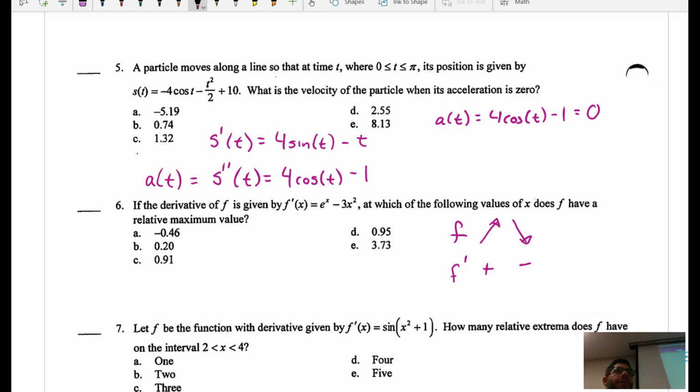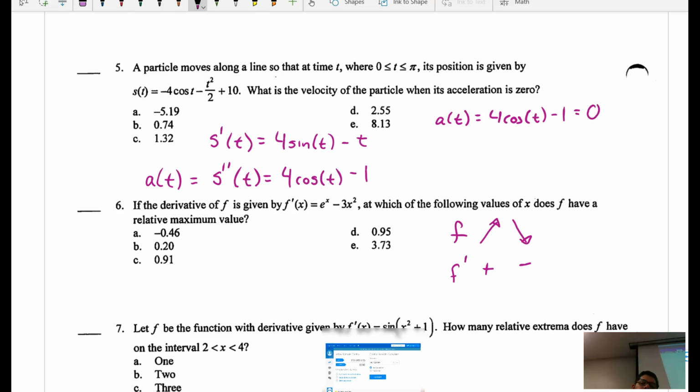And then how are we going to solve that equation? Plug it into the calculator. Even if we try to solve algebraically, add 1, divide by 4, cosine of t equals 1/4. What angle on the unit circle has as its x-coordinate 1/4? Is that a special angle that we know? It's not. So even in that case, we still need the calculator.